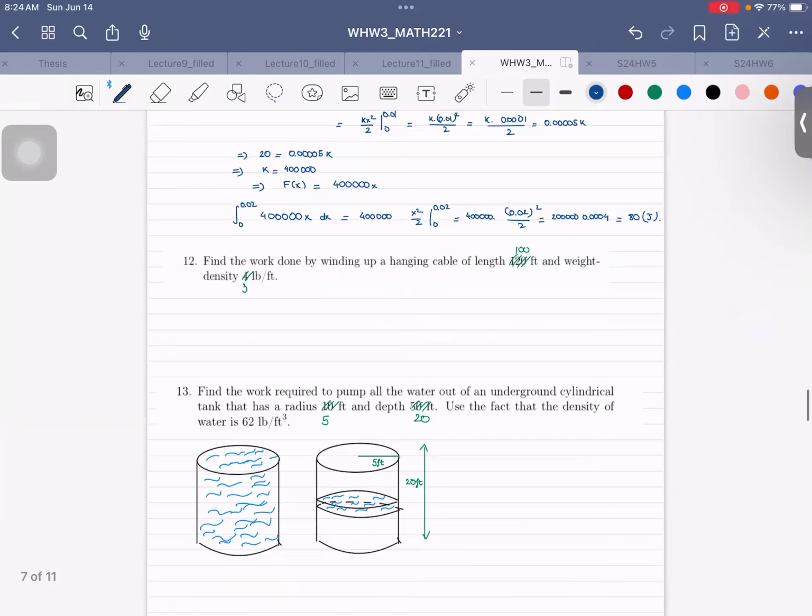Okay, in the next question, we want you to find the work that is required to wind up a hanging cable of length 100 feet with the weight density 3 pound per foot.